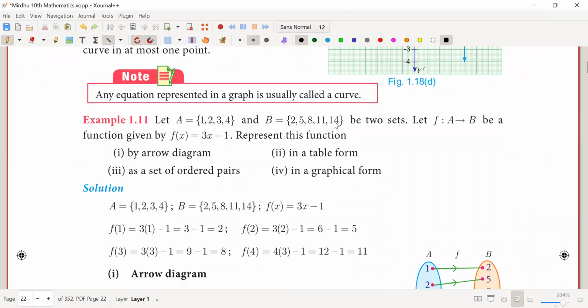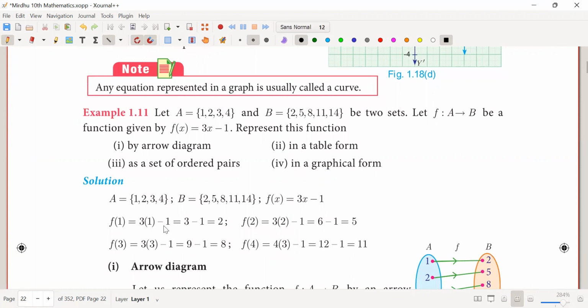A is 1, 2, 3, 4. B is 2, 5, 8, 11, 14. Set of function A to B, given by 3x minus 1. When I substitute x equal to 1, 3 into 1 minus 1, so 2. X equal to 2: 3 into 2 minus 1, 6 minus 1, 5.